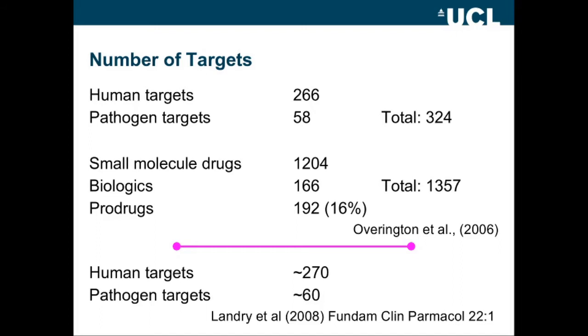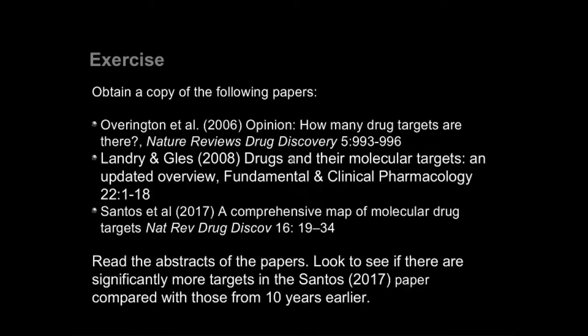The other paper from 2008 gives estimates of fairly similar sorts of numbers, very slightly larger. And as I said, I'll ask you also to look at a more recent paper to see whether those numbers have changed significantly. At that stage, we're going to take another break.